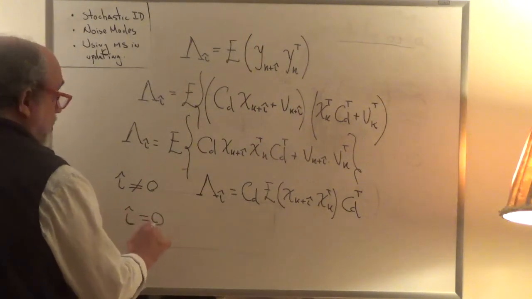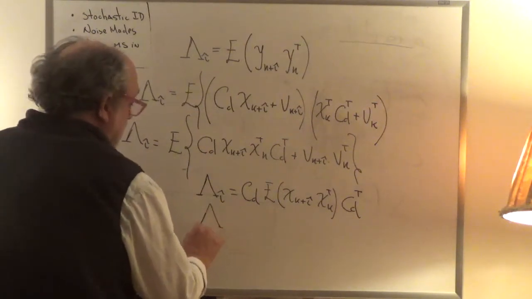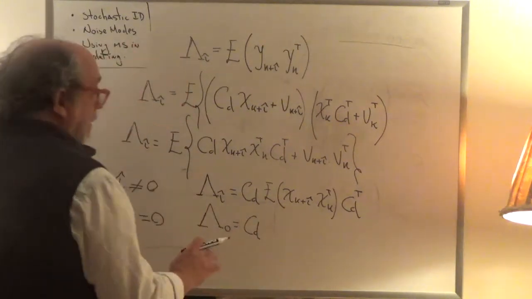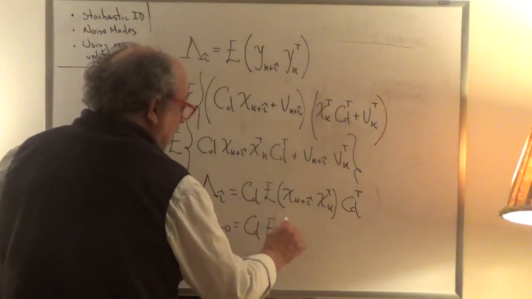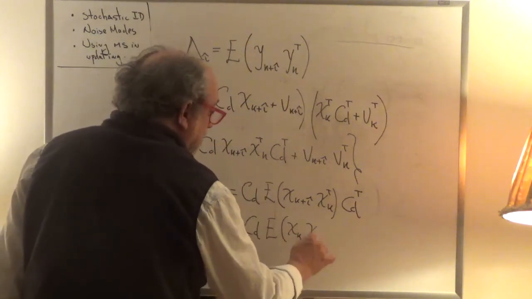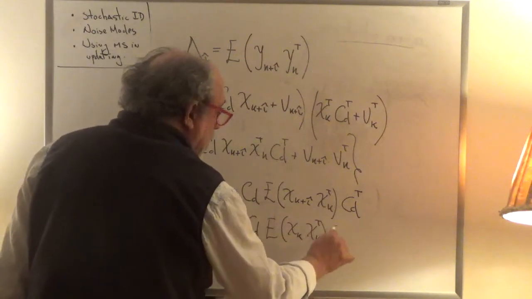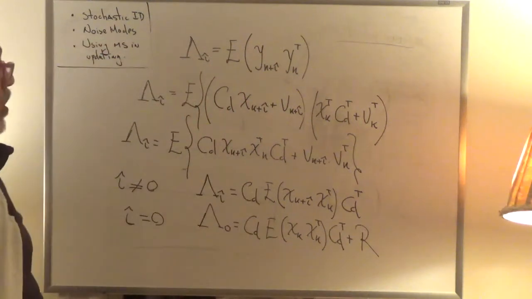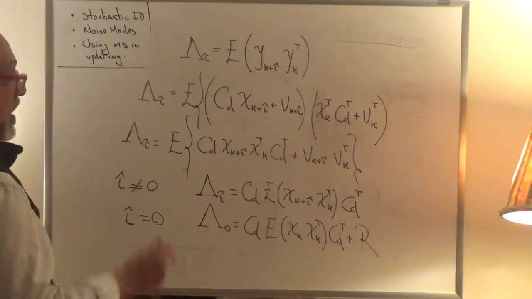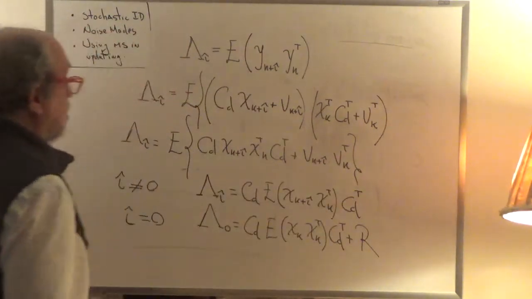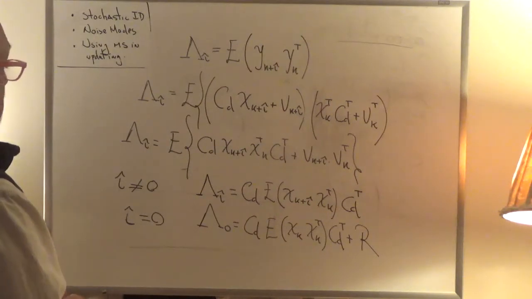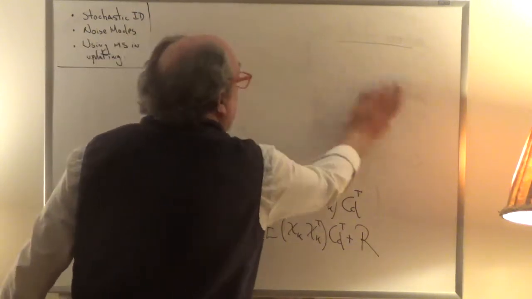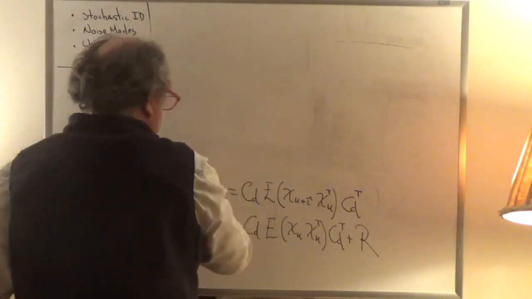If I is exactly equal to 0, then we have lambda 0 equals CD, the expectation of xk times xk transpose times CD transpose plus R, where R was previously defined as the expectation of Vk Vk transpose. So I guess I can erase here, right?